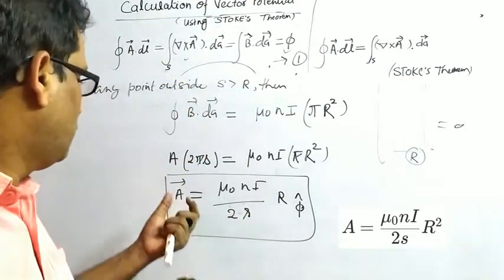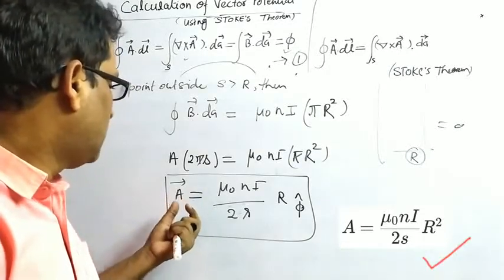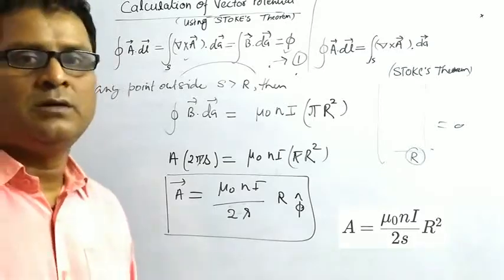So this gives you the value of magnetic vector potential for any outside point.